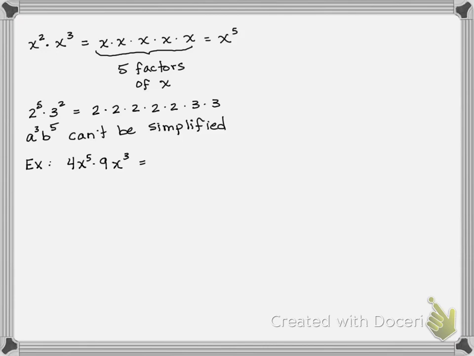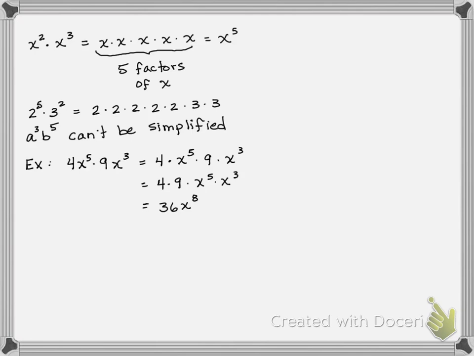We have several different ways of writing multiplication, so sometimes it looks like they're different operations, but this is really just 4 times x to the 5th times 9 times x to the 3rd. And because multiplication is commutative, which means that the order that you do it in doesn't matter, then we can say this is 4 times 9 times x to the 5th times x to the 3rd. So we have 36, and then we have 8 factors of x. So 36x to the 8th.